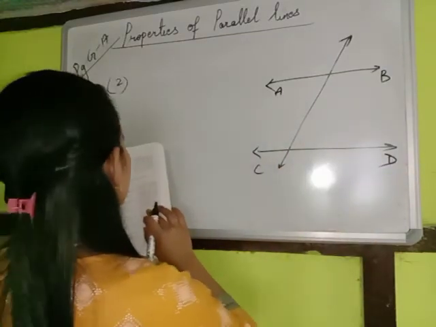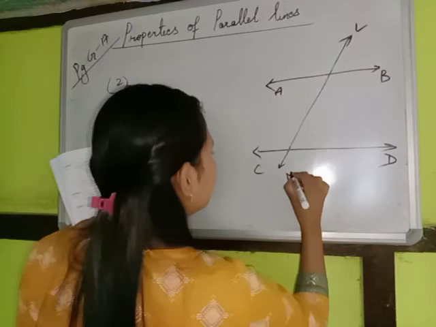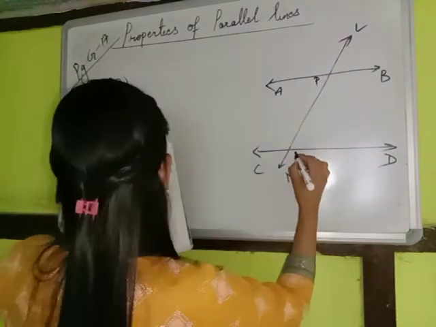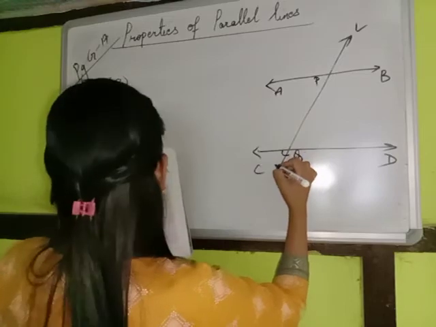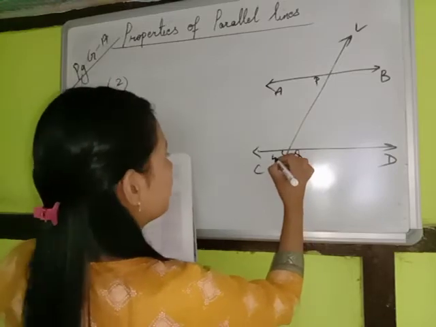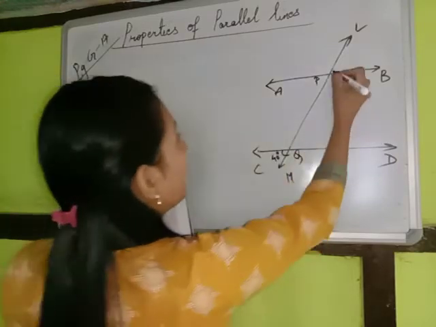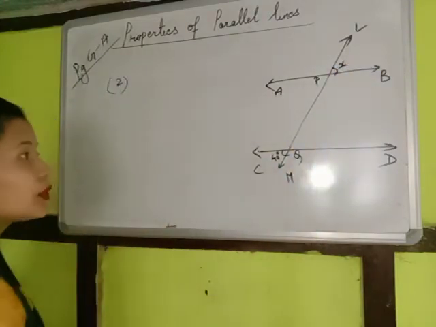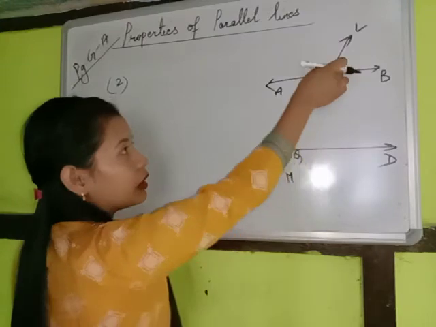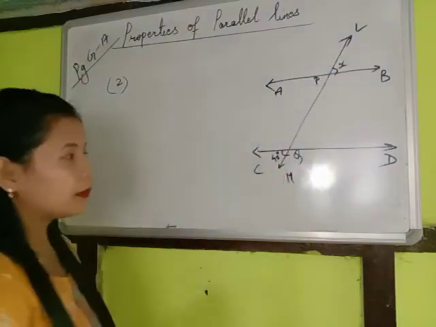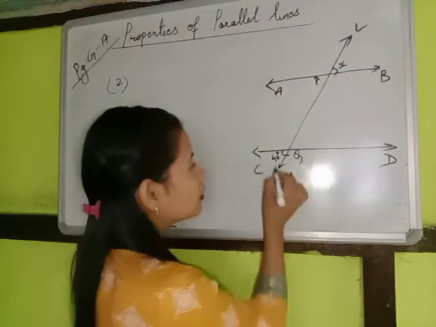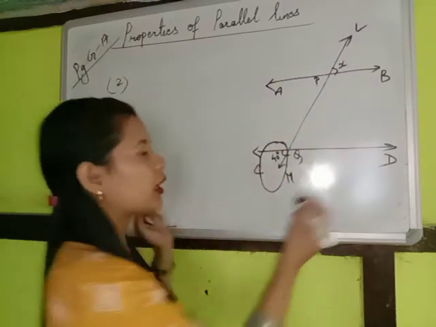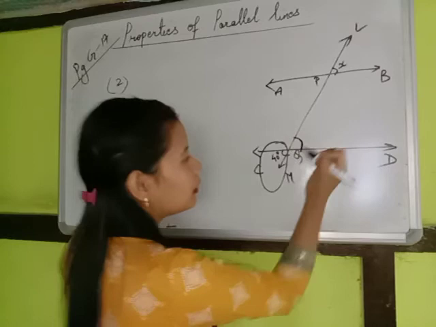We have a transversal LM, and we have P here, Q here, and 40 degrees here. We need to find the value of x, right? If you see here, we can't figure out the relation between this and this, right? But we know the known value is 40 degrees, so from this we can find the value of this angle.